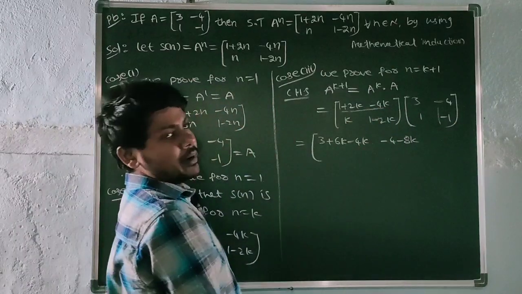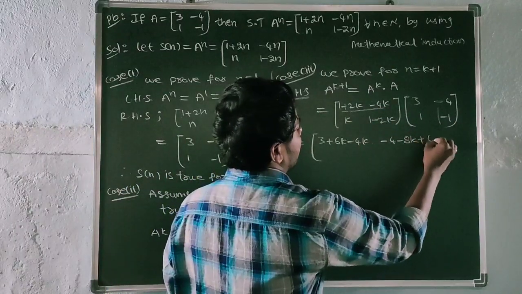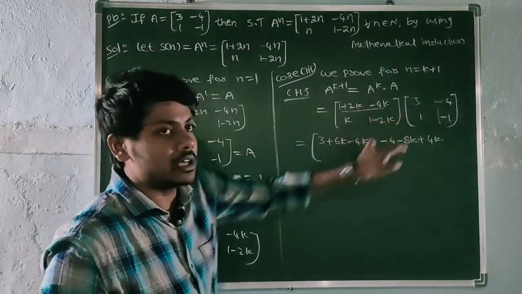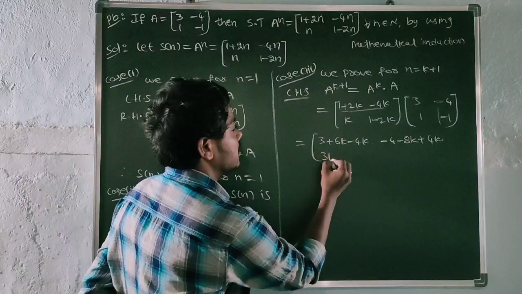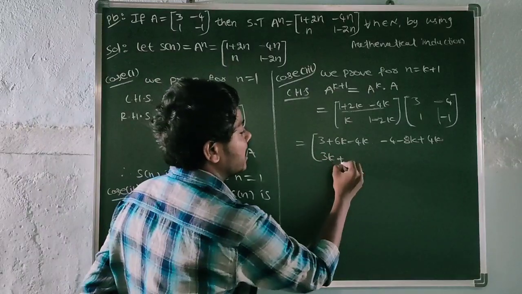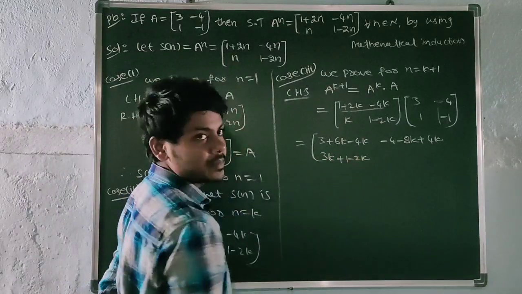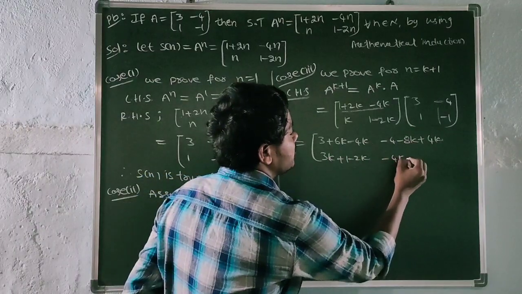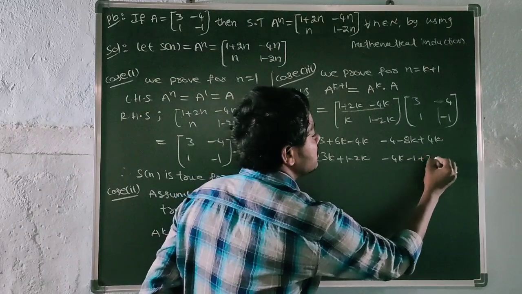Minus 4k into minus 1, that is 4k. Now second row, first column. That is 3k plus 1 minus 2k. Now again second row, second column. Minus 4k minus 1 plus 2k.